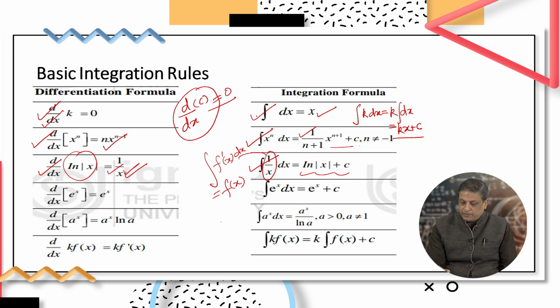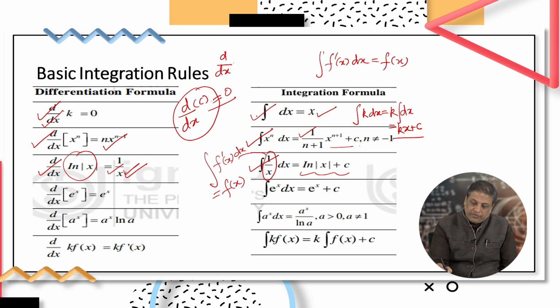Natural logarithm of x. So I hope you understood that integral of f dash x dx is nothing but f(x), and d/dx of f(x) is equal to f dash x.